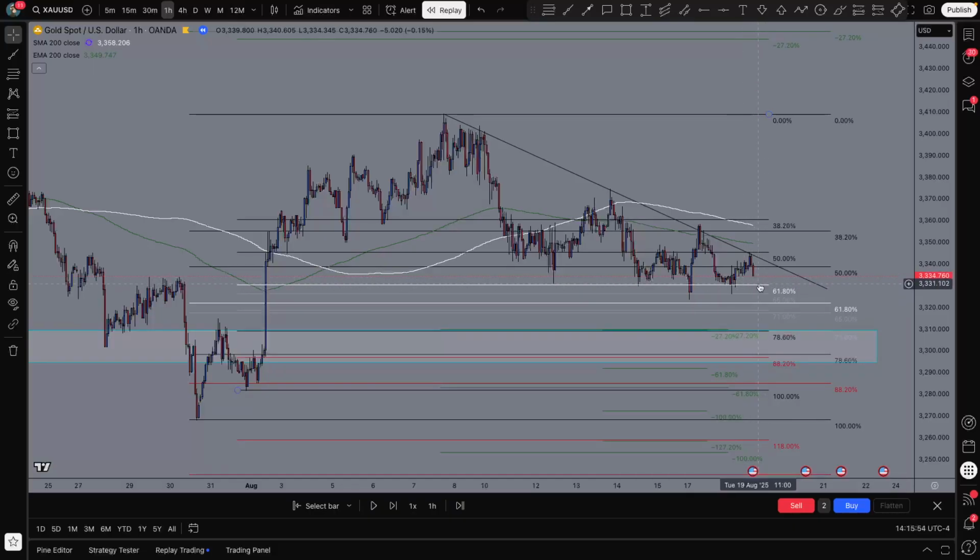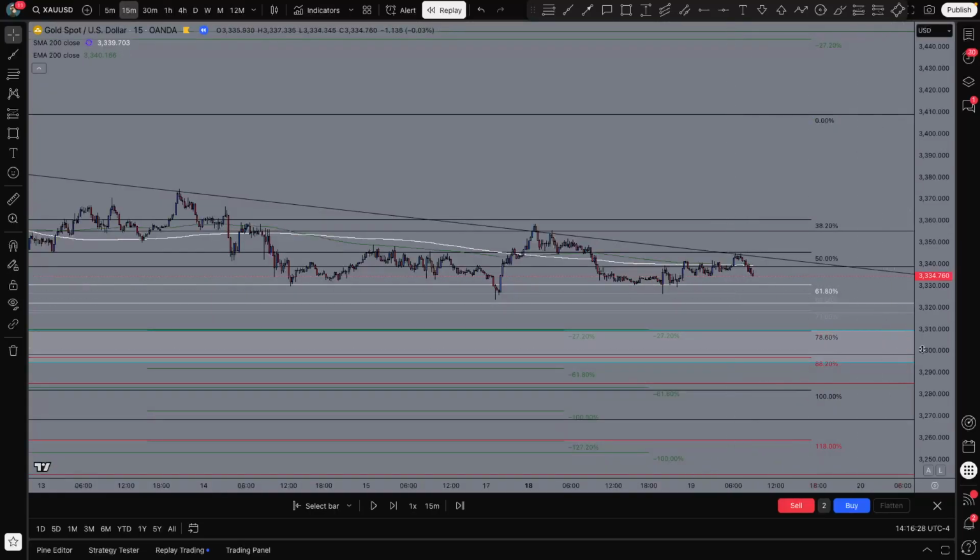But price could have reacted on that and then gone above the trend line, made some structure on a retest of the trend line, and then pushed higher. So those were the two scenarios for today. But the only one I was interested in trading was the short because I thought that the buy was too risky until we would have broken that trend line. If the trend line would have been broken, then I would have probably looked for buys. But as long as the trend line was not broken, I was looking for shorts.